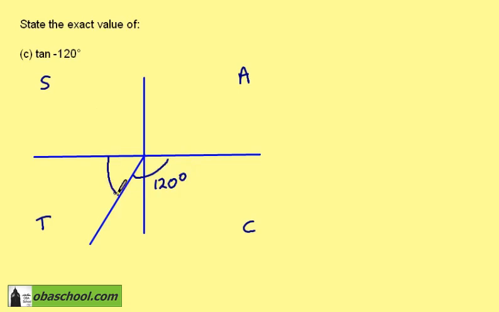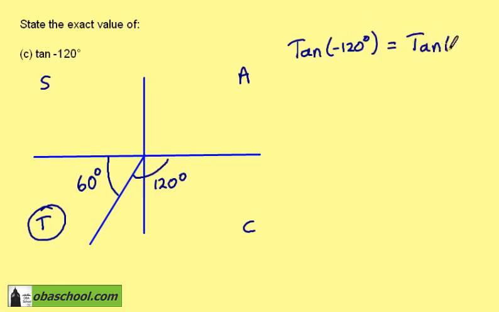The associated acute angle is the 60 degree angle shown. We're in the T quadrant, which means, of course, that the tangent is positive. So the tan of minus 120 would be equal to the tan of 60, and we know that this is root 3.